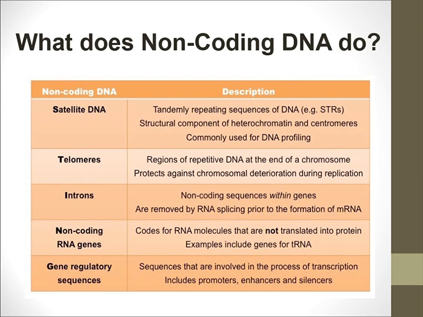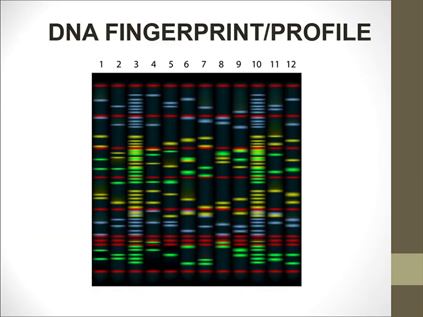But what I want to focus on is this thing over here. What you are looking at is a very colorful representation, you don't normally see them this colorful, of a DNA fingerprint or a DNA profile. What you're looking at essentially here is 12 different individuals who have DNA fingerprints being created. So what is a DNA fingerprint?